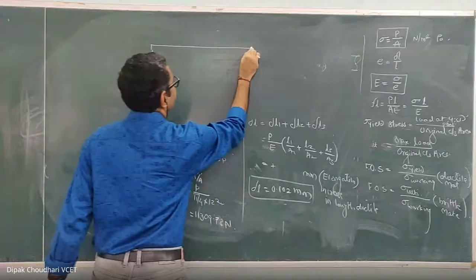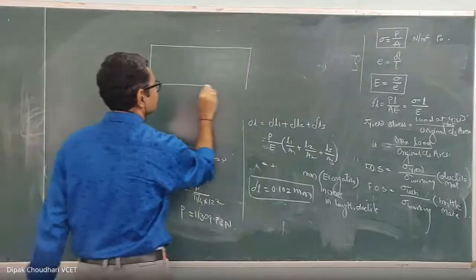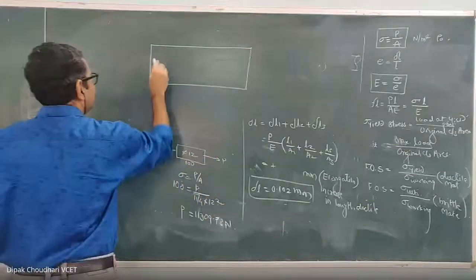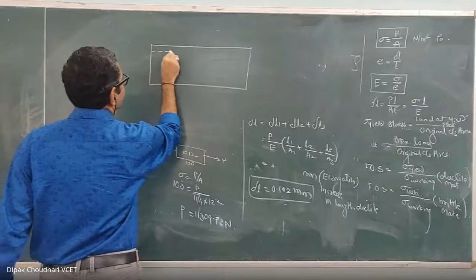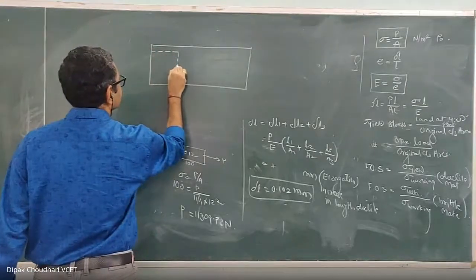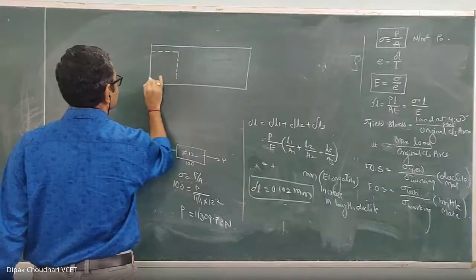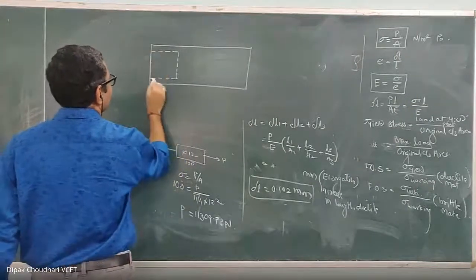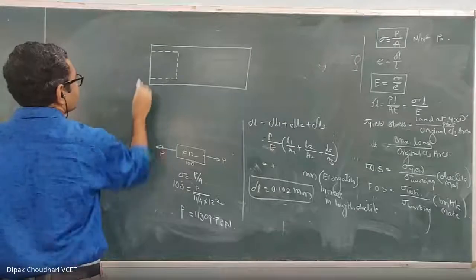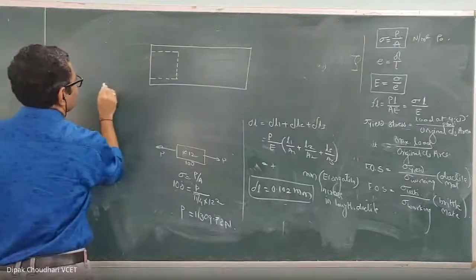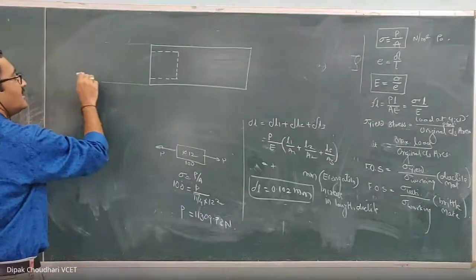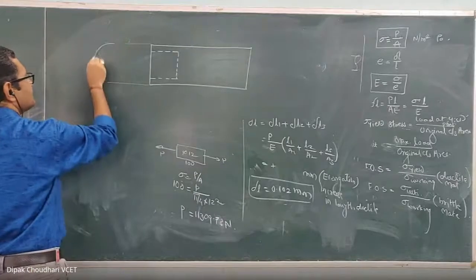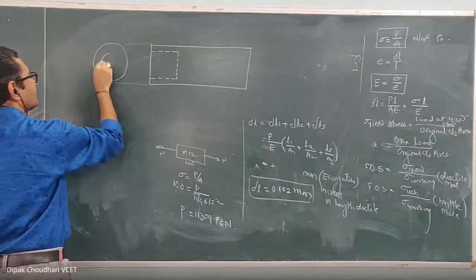Listen, such type of circular rod is there. In this circular rod, we have to make one circular hole. Okay, means this much part is a hollow circular one. If you see the side view from the left hand side, it is a hollow circular section.